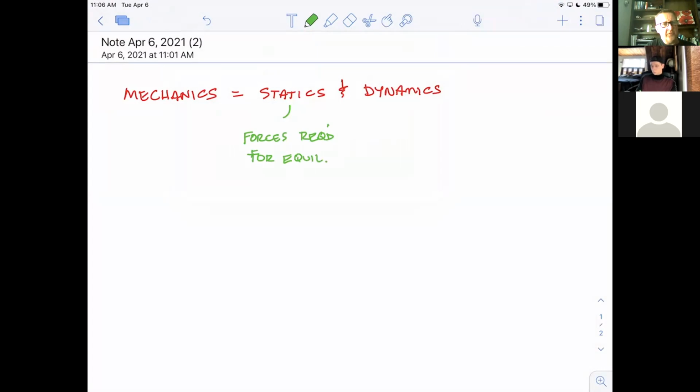In other words, what forces are pushing on things, or what forces do you need to add as an engineer to push on things so that they don't move? Whereas dynamics, which we're studying now, are the forces required to get things moving.